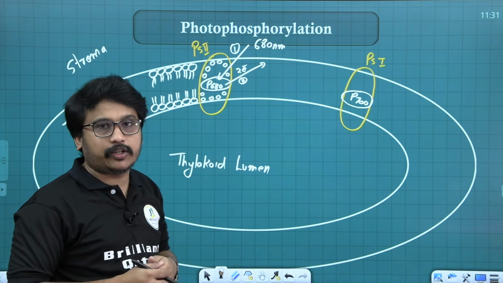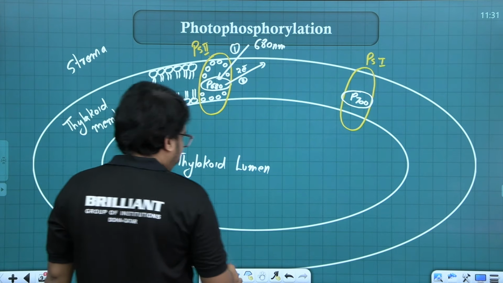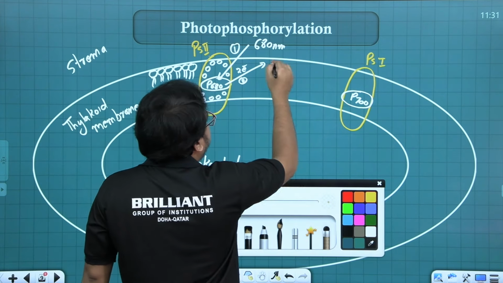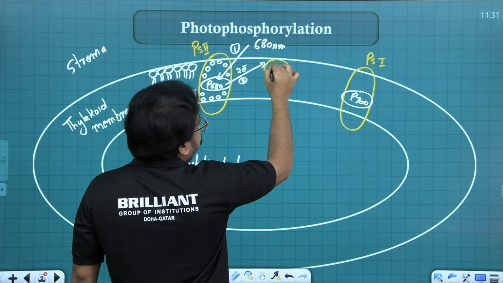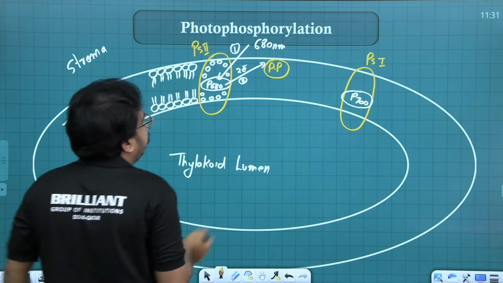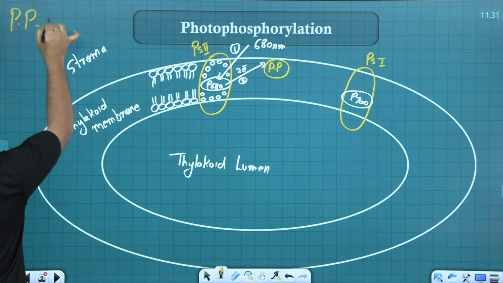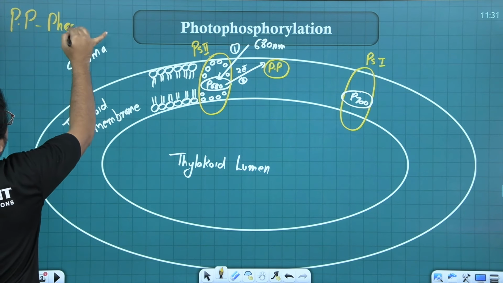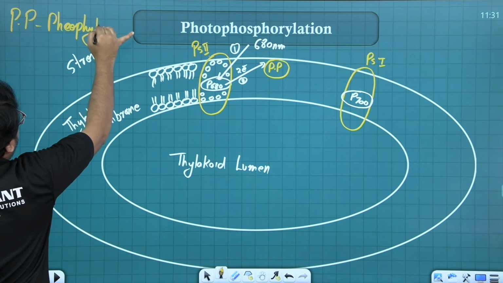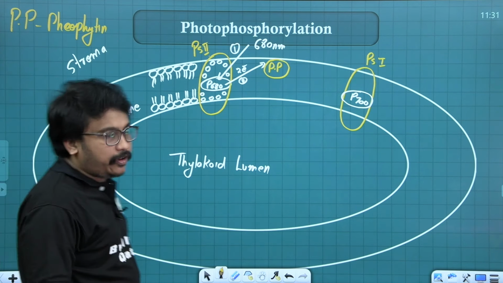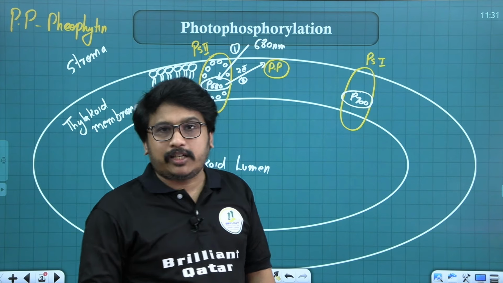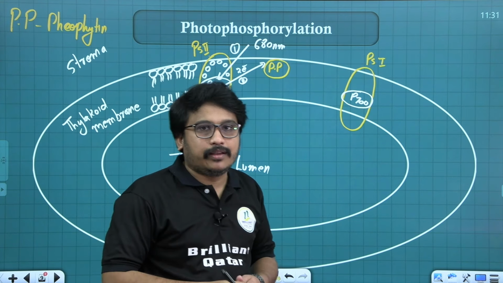On accepting the electrons, the primary electron acceptor that is coming here gets reduced. Its name is pheophytin. Let me write here what PP represents: pheophytin. Pheophytin is the primary electron acceptor.